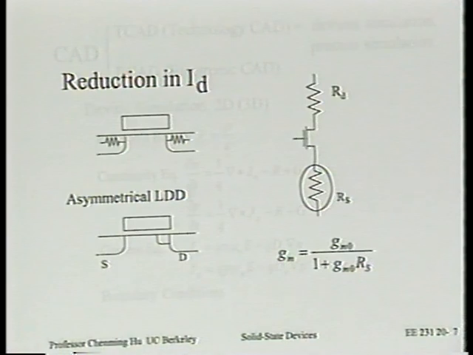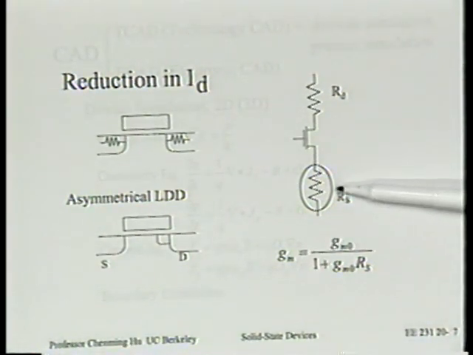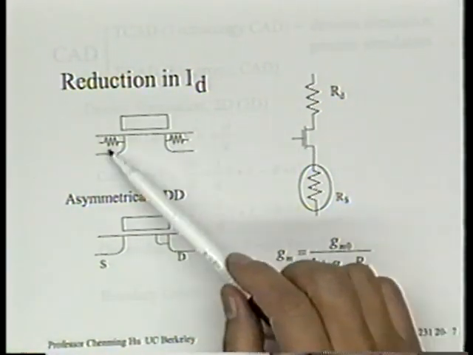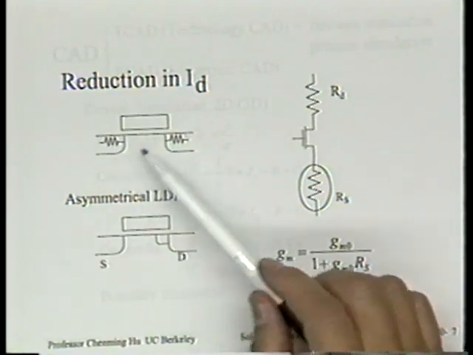Now the problem with LDD, the price we pay, as correctly pointed out by Ryan, or maybe Turi made this point, is that one way to think about what LDD does is to model it as two resistors in series with the source and drain.